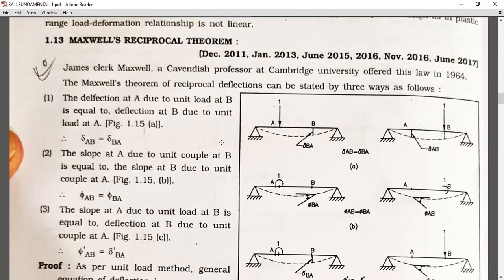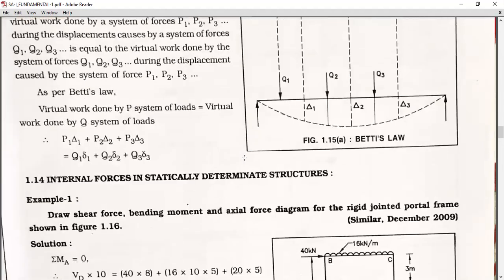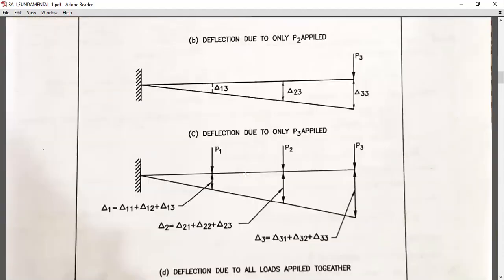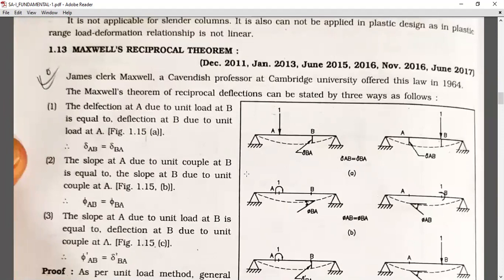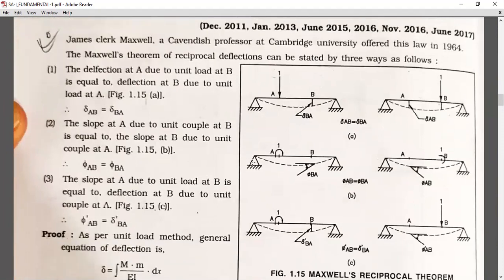Maxwell reciprocal theorem. James Clerk Maxwell is the scientist of the theorem. James Clerk Maxwell, a Cavendish professor at Cambridge University, offered this law in 1864.